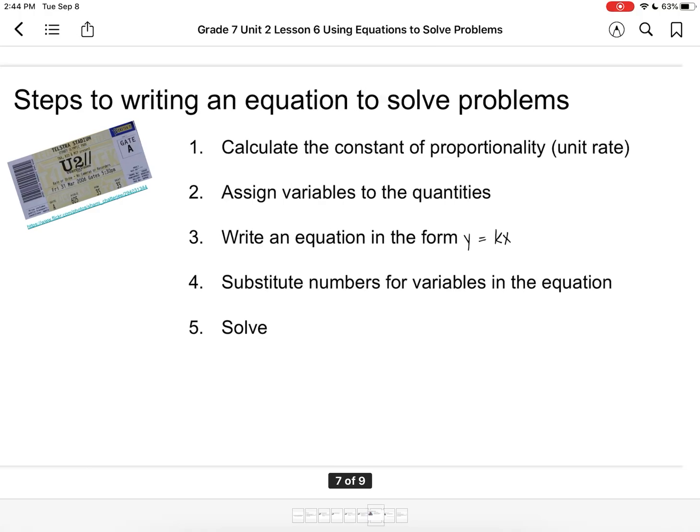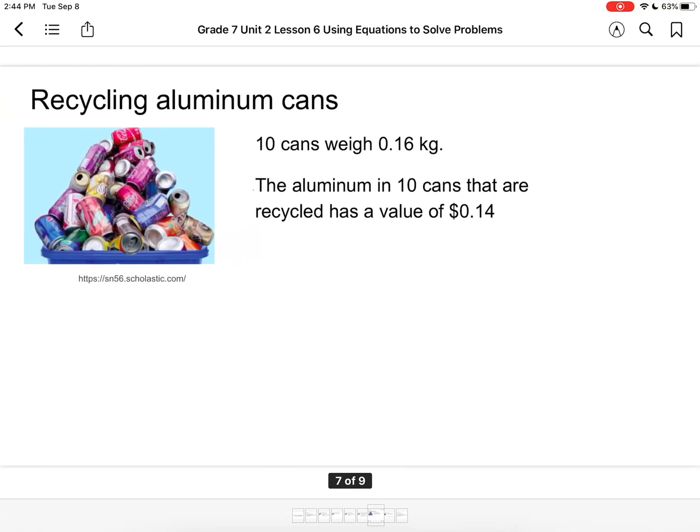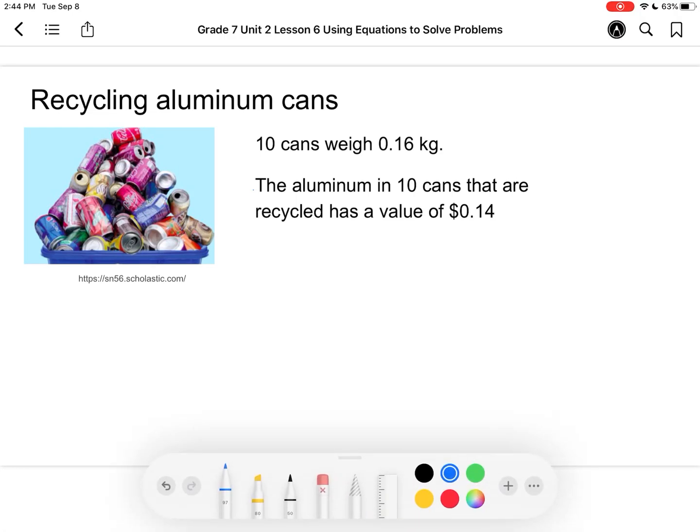So let's use these steps to solve another problem. And this is actually a two-step problem, so let's take it in two steps, 1 and 2. So 10 cans, I'm going to say to start off with, 10 cans weigh 0.16 kilograms.